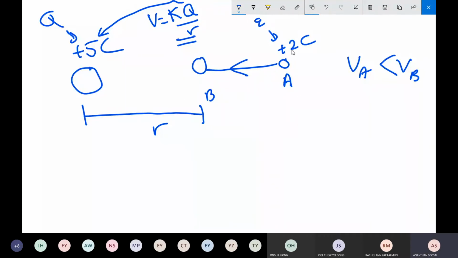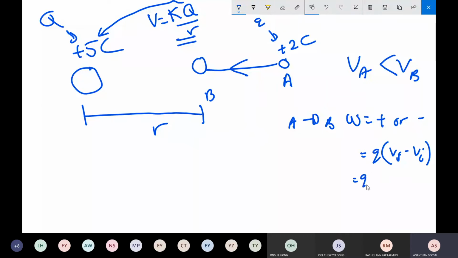Now if you move from A to B, is the work done positive or negative? Anyone? So what is the work done? q, final potential minus the initial potential. That is the work done. q is the charge of the test charge.